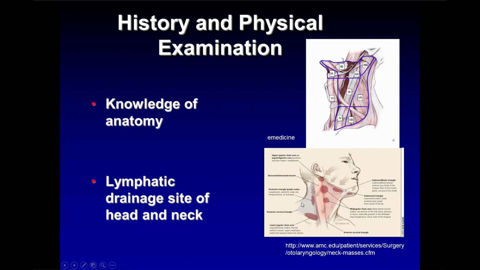Anything posterior to the sternocleidomastoid tends to be drainage sites of the nasopharynx, the scalp, ear, or the skull base even. And then down in the supraclavicular fossa is where we worry about Virchow's nodes or drainage sites of malignancies from other parts of the body, such as the esophagus. You can even get it from the thyroid, or rarely from a primary below the clavicle itself.